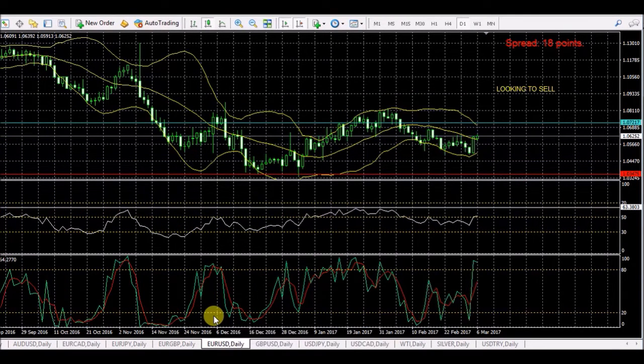Euro dollar. So this should be a long-term sell. We're long the dollar, short the euro, but the euro is having a bit of strength at the moment. It's just past the mid-Bollinger Band.